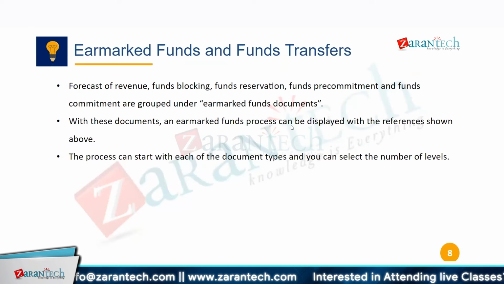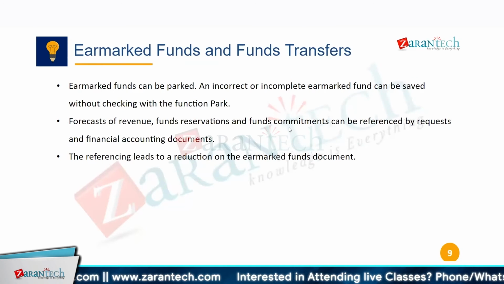The process can start with each of the document types and you can select the number of levels. Earmark funds can be parked. An incorrect or incomplete earmark fund can be saved without checking with the function park. Forecast of revenue, funds reservation, and funds commitment can be referenced by requests and financial accounting documents.